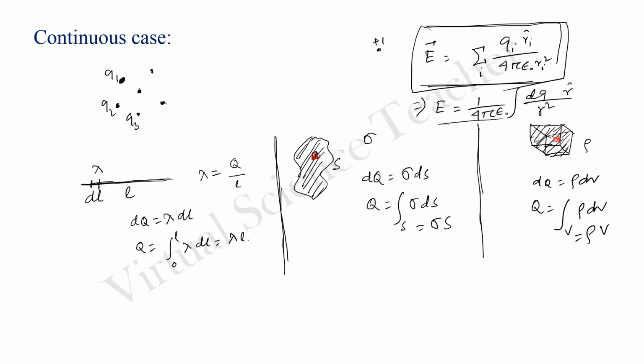For the continuous case, I have to consider a small region first, where the charge is dq, and then we have to integrate it to find the total electric field.